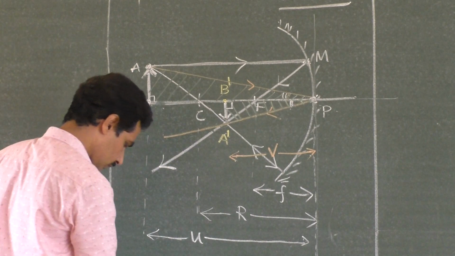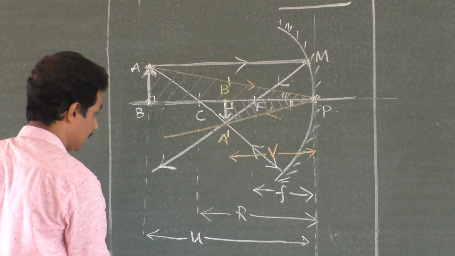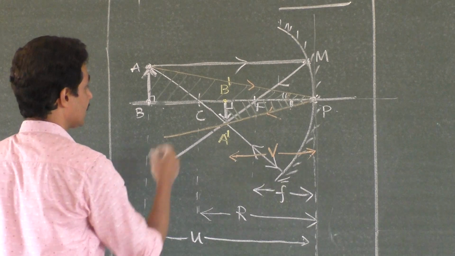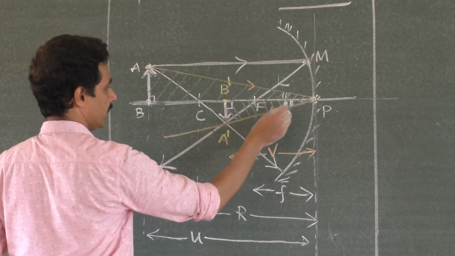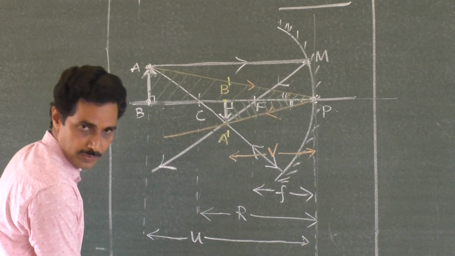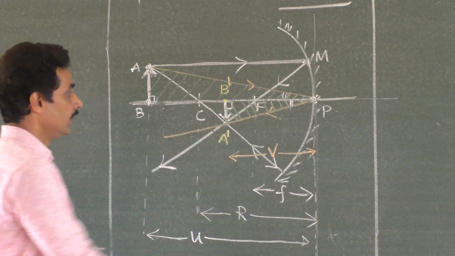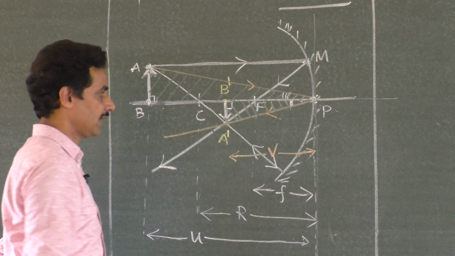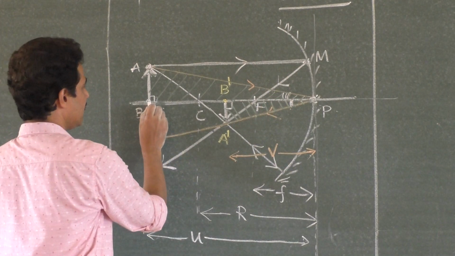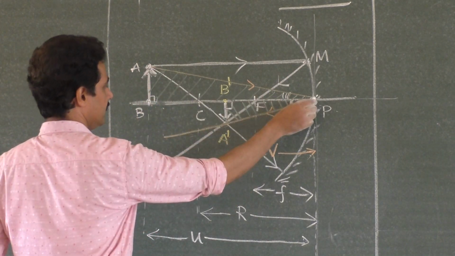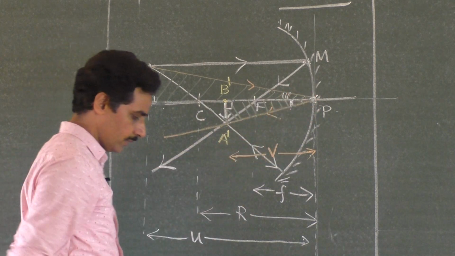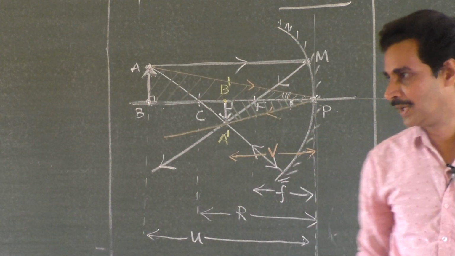So I have two similar triangles in which all three angles are the same. The third angle should be equal because the total should be 180. So consider the similar triangles ABP and A', B', P, where you get object distance and image distance.